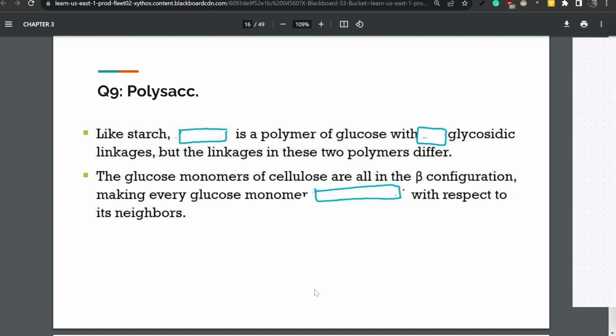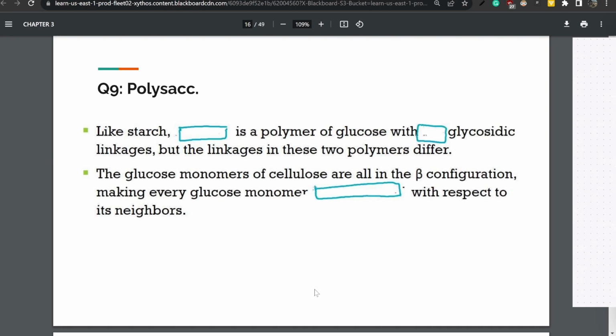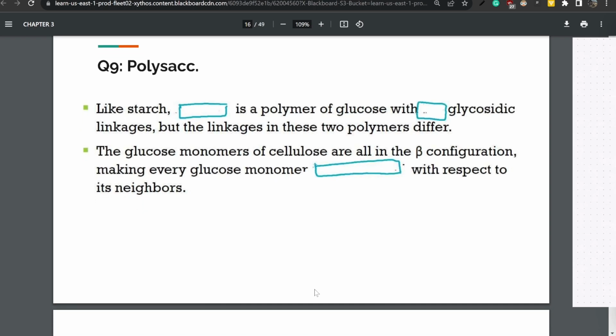What's like starch? With beta 1,4 glycosidic linkages. These glucose monomers in cellulose are all in the beta configuration, making every glucose monomer opposite. Because it's beta, it's like flipped for every one.